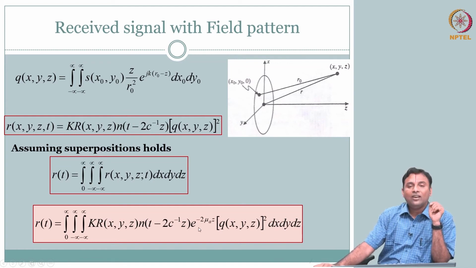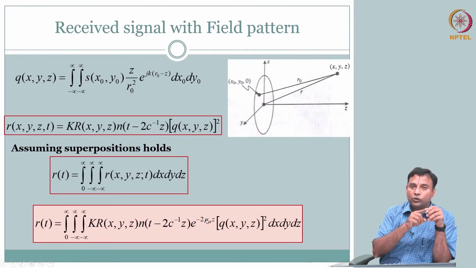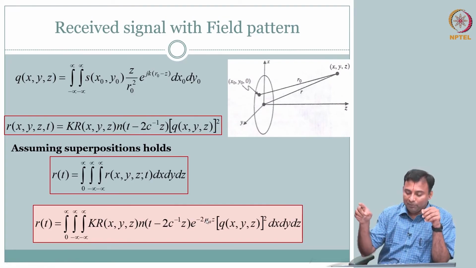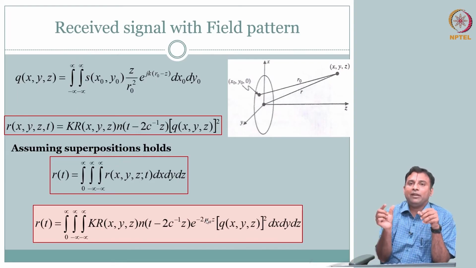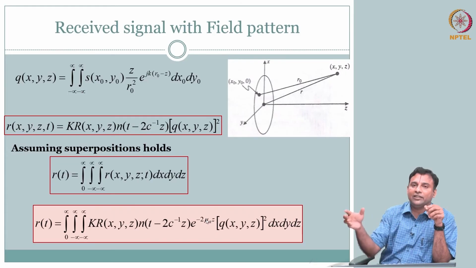What is this? Oh, e power minus mu a z is your attenuation. Of course, I have it as 2 mu a. Why is this 2 mu a? Oh, the signal is going, so it is attenuating by e power minus mu a z, then it is coming back again. So, when it comes back again, it will again get attenuated by e power minus mu a z. It is the same material, mu a is its attenuation in that region.